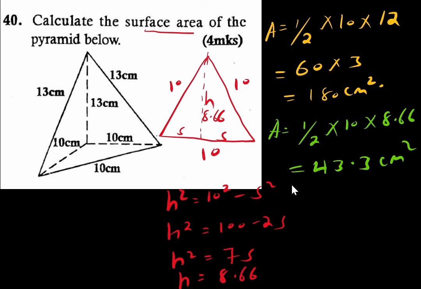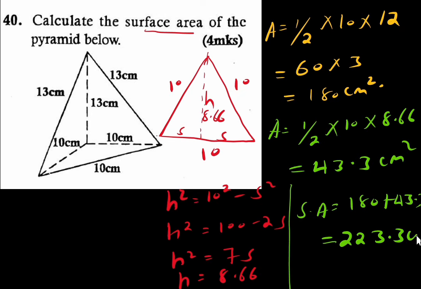So the surface area will be the sum of these two. It will be 180 plus 43.3. So when you add 180 plus 43.3, you get the answer 223.3 centimeters squared. So that is the surface area of the pyramid below.